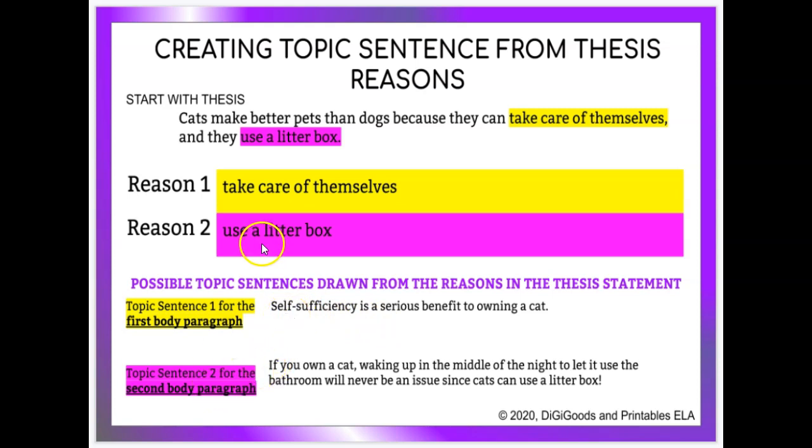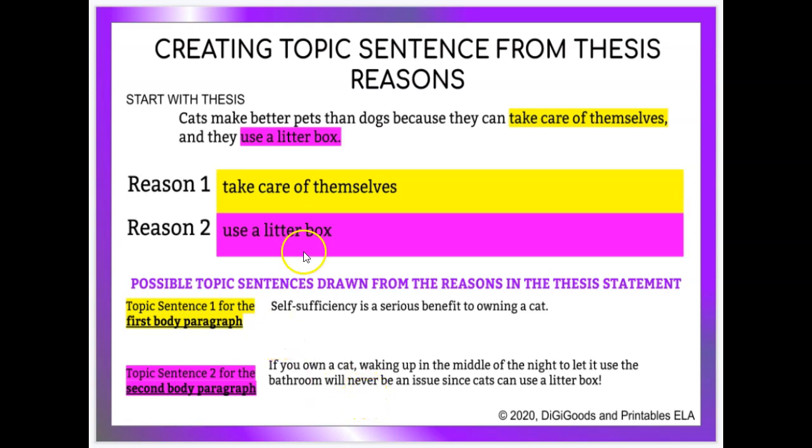Okay, for body paragraph number 2, we're going to use the reason that cats can use a litter box. We need a topic sentence about this phrase so that our whole paragraph can center around this. So here's one example. If you own a cat, waking up in the middle of the night to let it use the bathroom will never be an issue since cats can use a litter box.